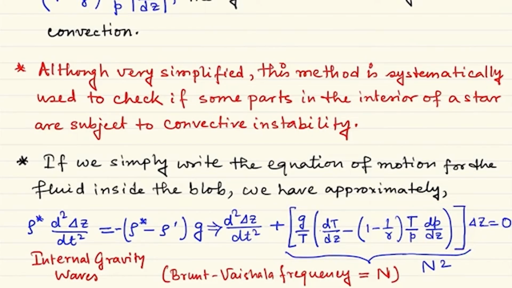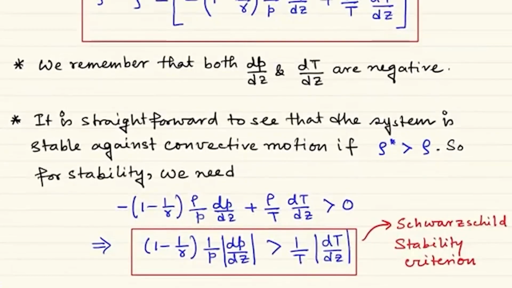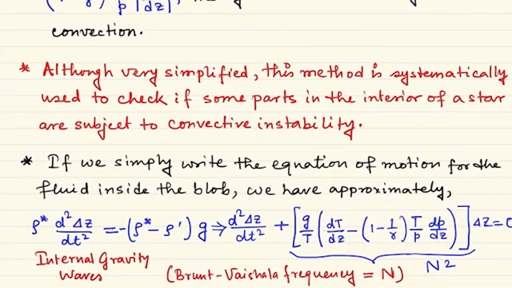What I would like to make clear is that this quantity is positive only when the Schwarzschild stability criterion is satisfied. That means they are equivalent. This is easy to see.